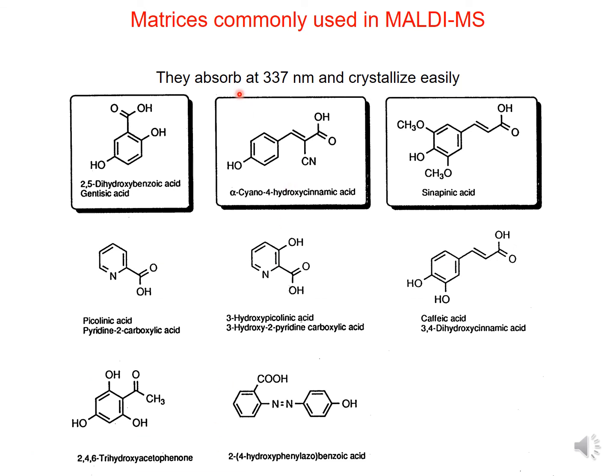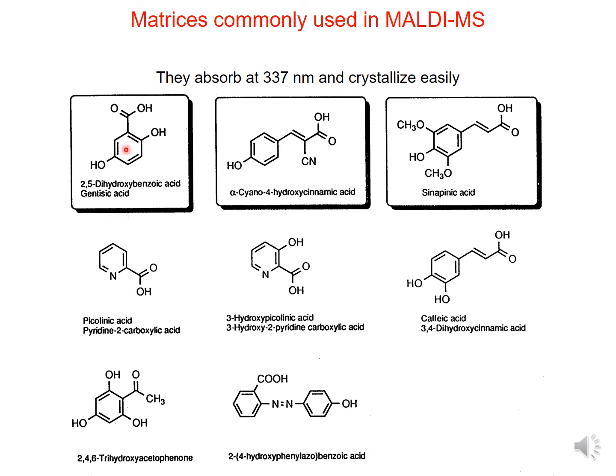So here you have different types of matrix. The most common matrices used in MALDI-MS. I just show you this. This is of course just an informative slide, but they absorb at 337 nanometers and crystallize easily, which are two important properties when you use a matrix.